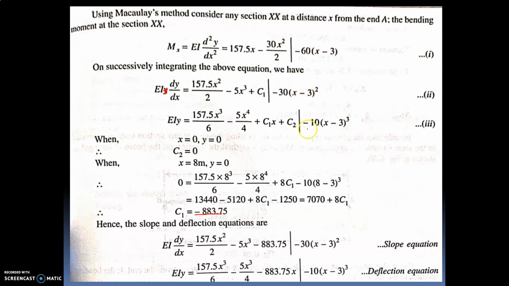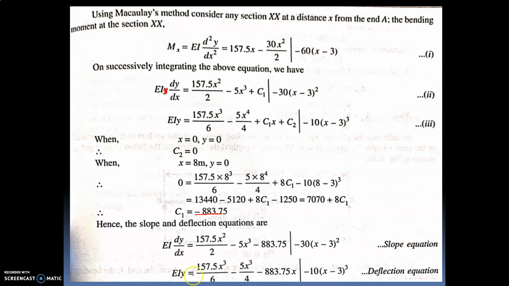Once you get C1 value, you can write in equation 2 and equation 3. Equation 2, if you substitute here C1 value, it is 883.75. So EI dy by dx is equal to 157.5 x² by 2 minus 5x³ plus minus 883.75, then minus 30 into (x − 3)². This is the slope equation. Then substitute that C1 and C2 in this equation.